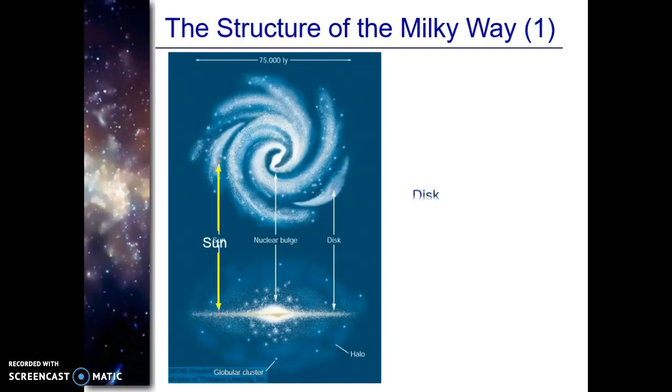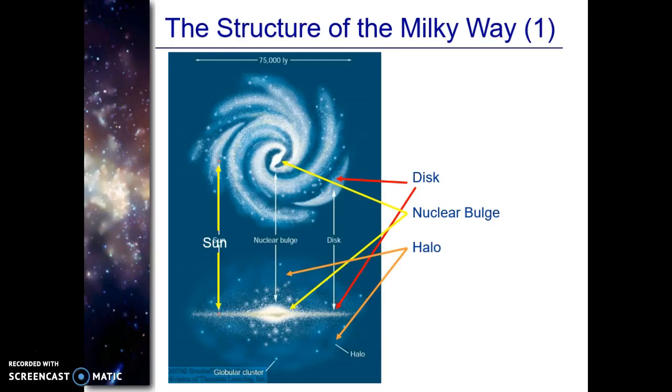All right, so the structure of the Milky Way. It contains a disk, which if you look at it from the side is flat. If you look at it from the top, it's the spiral arms that are coming out. It also contains a nuclear bulge in the middle, which is thick and bulky.